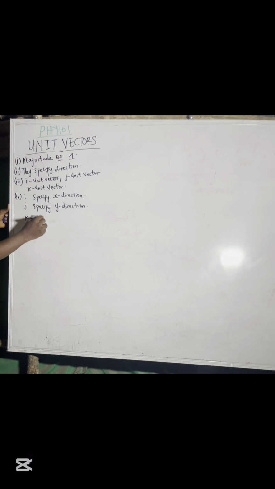The next thing you have to note now, guys, is the magnitude or modulus of a vector. If I have vector A, the magnitude of vector A can be written like this. Because a vector has both magnitude and direction, on top of this vector A, I can put an arrow or a cap to show that it's a vector and has direction.